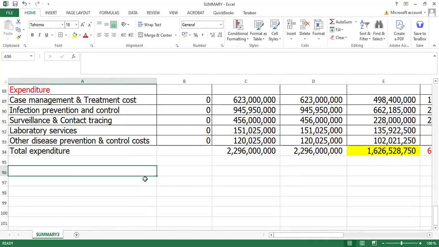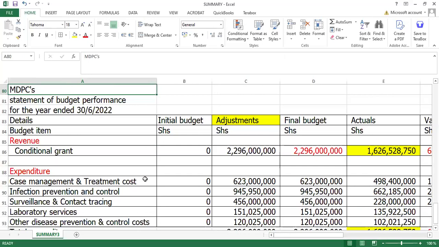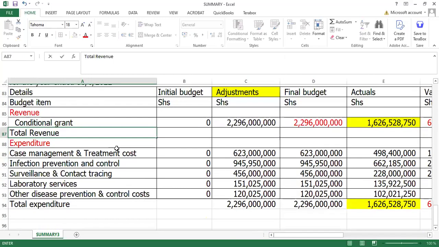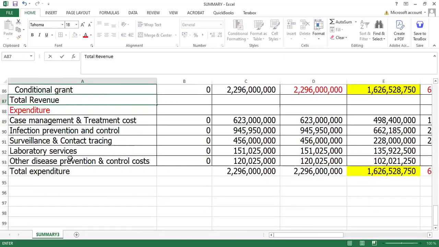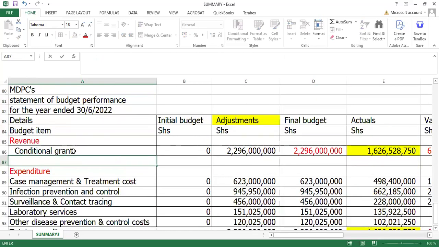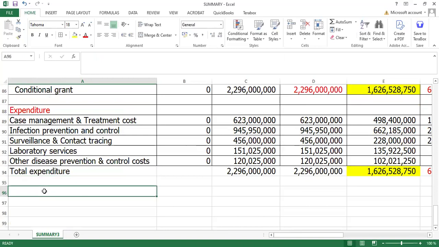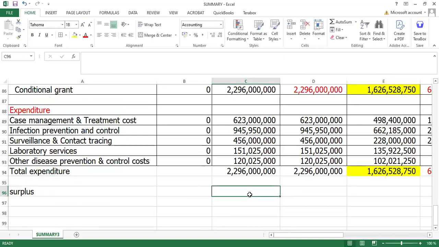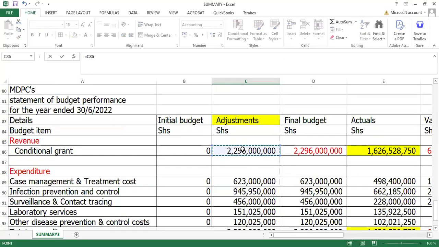And that's it. We are done with the numbers. I really don't know whether you have a question. But we can go ahead and look at the surplus, where you are looking at this minus this.